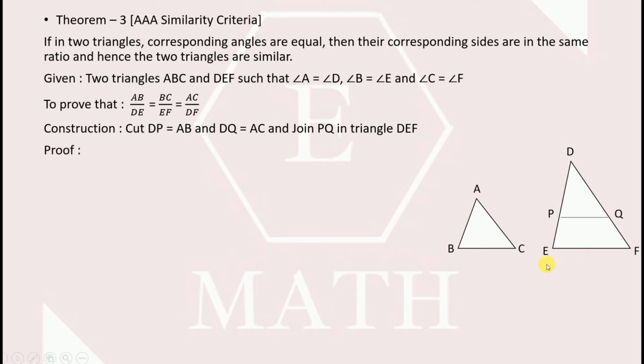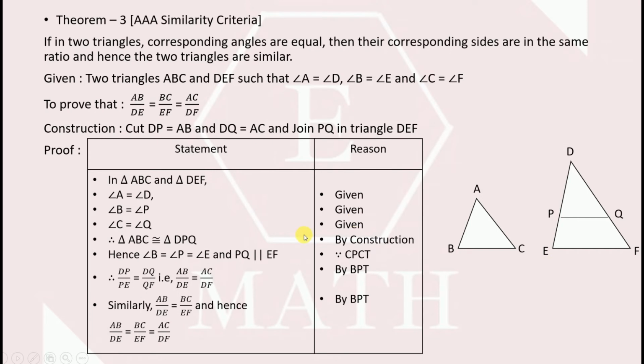Okay. Then the proof is very simple. See, in the triangles ABC and in triangle DPQ, they have given that angle A is equal to angle D, angle B is equal to angle P, and also angle C is equal to angle Q. All these three are given in the theorem, right? Then, therefore, since these three are equal, we can easily say that triangle ABC is congruent to triangle DPQ.